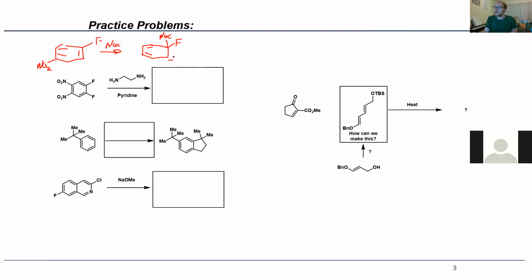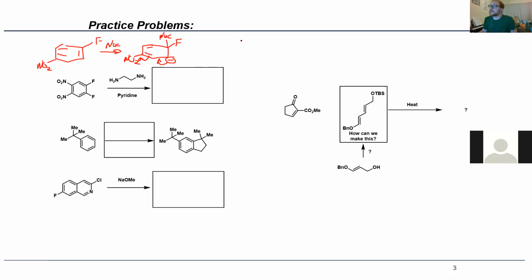We have buildup of negative charge ortho or para to the leaving group, and we can see that by resonance we can push electrons into the nitro group, and so electron withdrawing groups para or ortho to our leaving group is going to really stabilize this intermediate and allow for facile reaction.